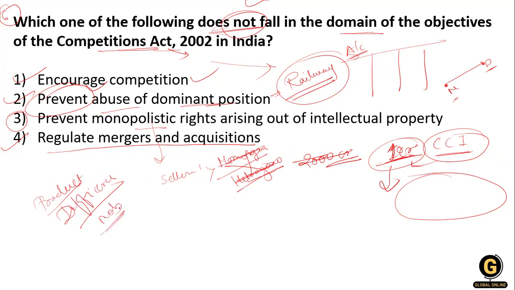Whenever I use the word dominant company, you have to keep in your mind a real estate company. When I use product differentiation, you have to think of mobile. Why mobile?